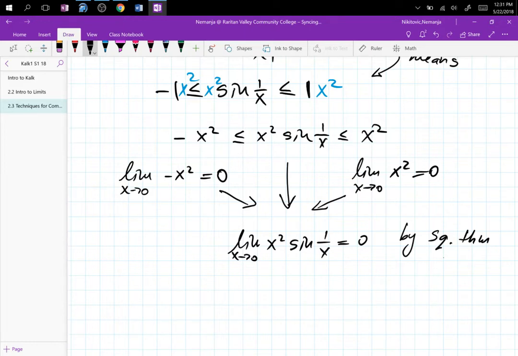Now, if you look at the graph, it oscillates too fast. It actually oscillates infinitely fast at 0. But the limit is 0. Remember that we don't care what's happening at the point. We care about the trend getting us to the point.